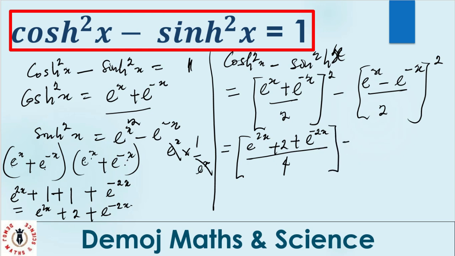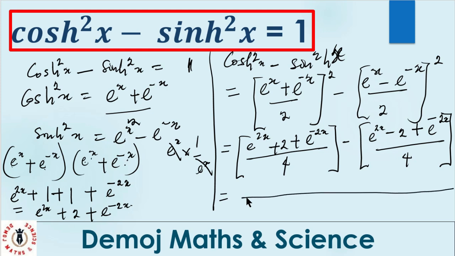Now this is minus. Now we'll do the same thing at this side. This should give us e raised to power 2x minus 2 plus e raised to power minus 2x all over 4. So I can close this up, so that by the time I now begin to open it, there will be a common LCM of 4.